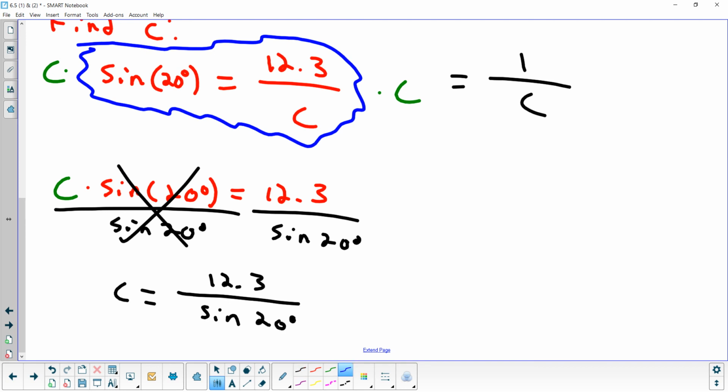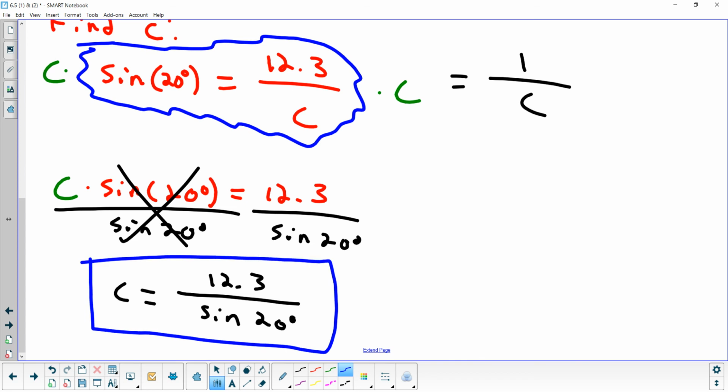So now, look at what's in that box and compare it to what we started with. Can anybody just summarize what happened to get from here directly to there? Yeah. You swap C with sine 20. Yeah, all we have to do is swap the C with the sine 20.